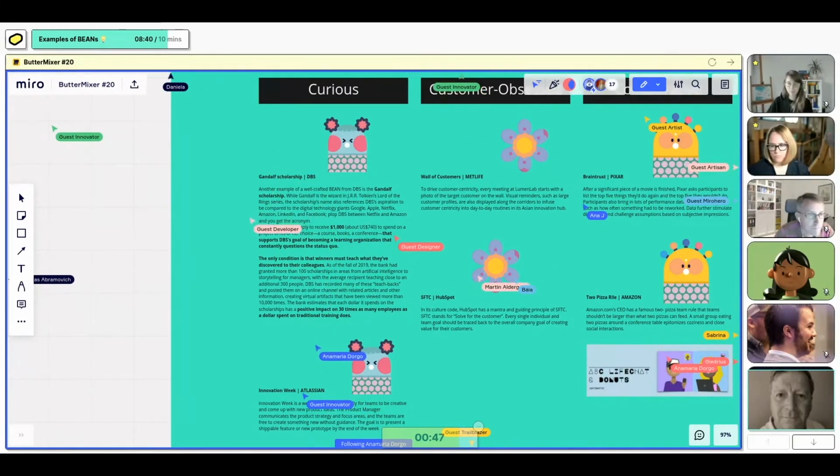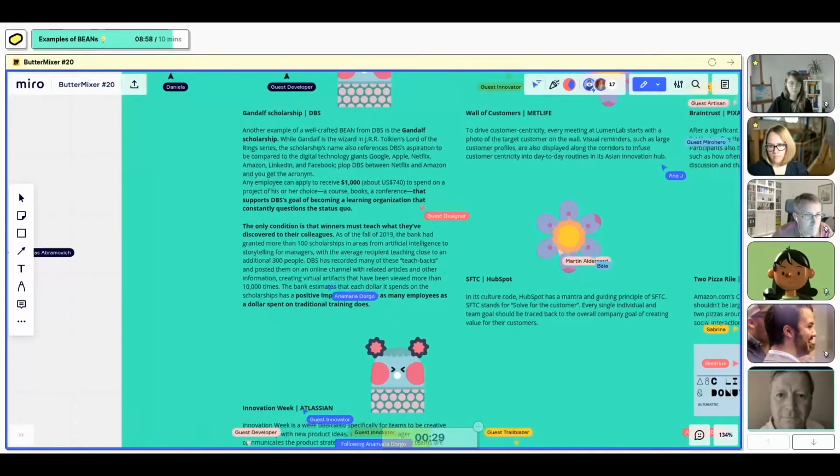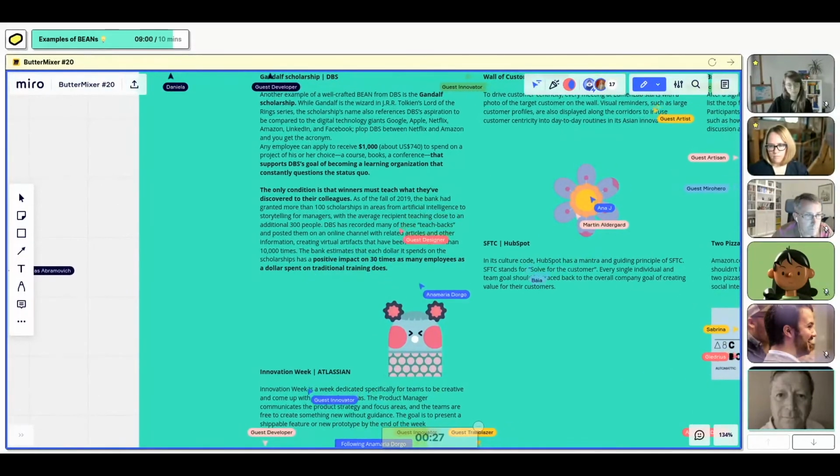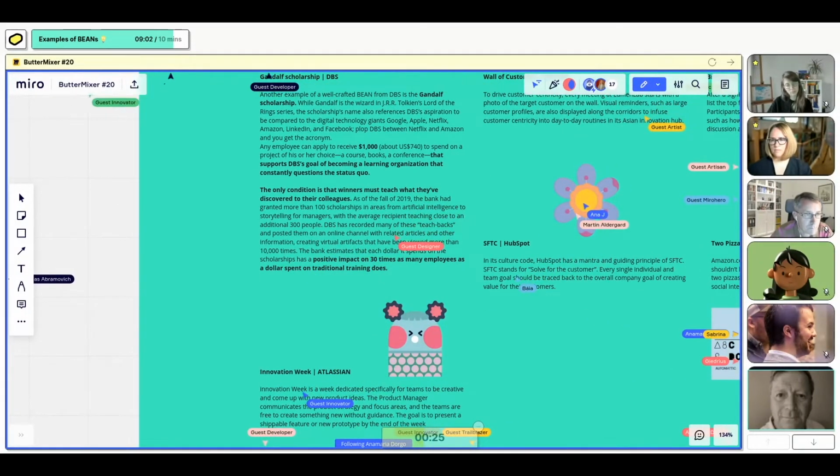That's not something we do, but one of the people in our room, I'm afraid I've already forgotten her name, I'm very sorry, was talking about the Atlassian innovation week, and about how you get people from different competencies together to create an innovation.